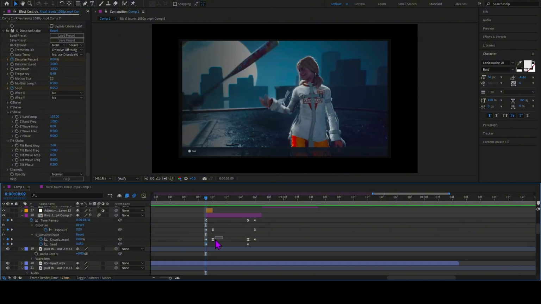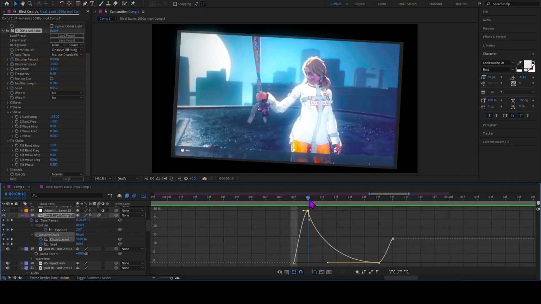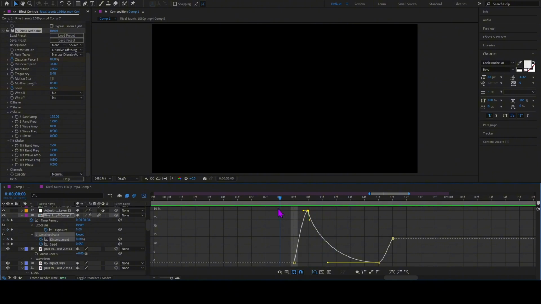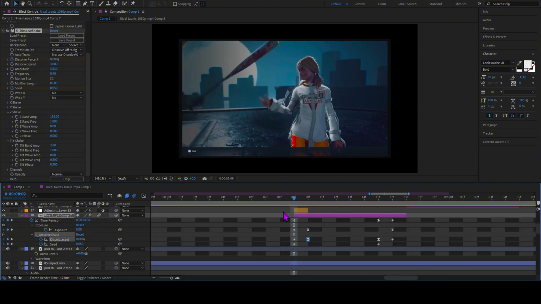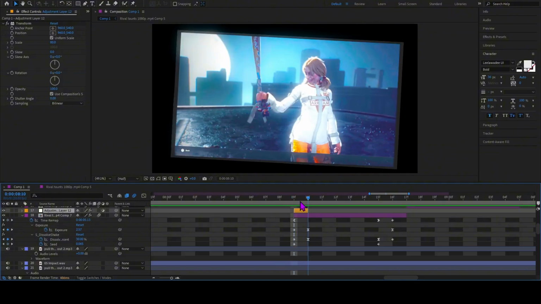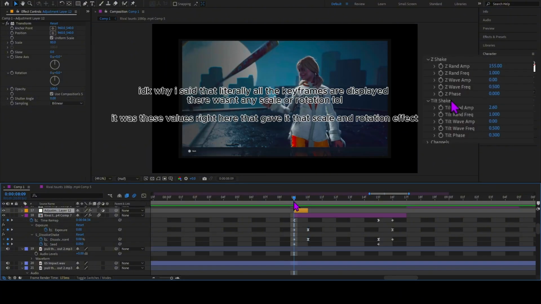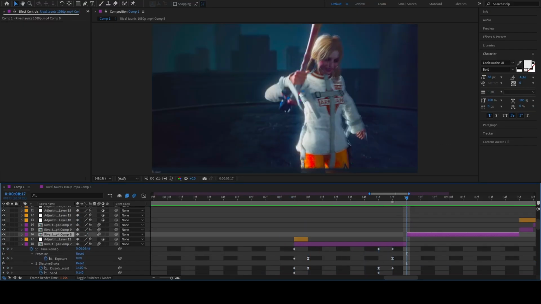And then the graph, like I said, just a looser graph for high frequency. And then I did the regular scale and rotation, so it has that bounce. Really just about it. It was just a repeat of the same thing.